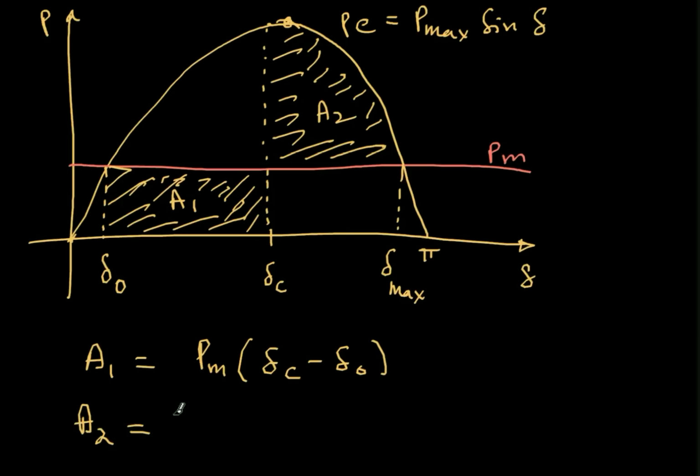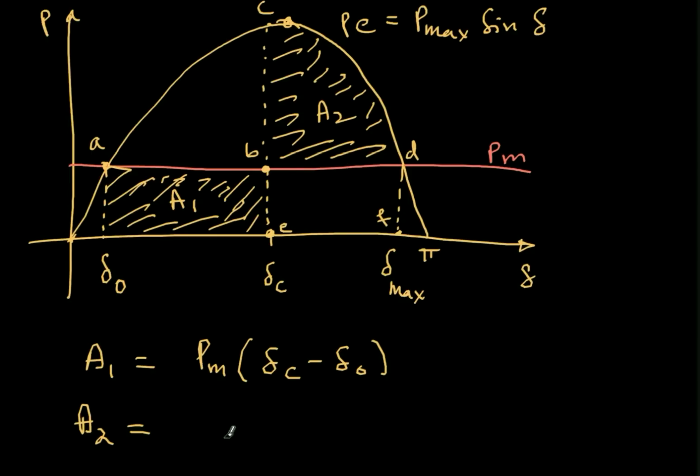Area A2 basically is, if I give some markings, let's call this A, B, C, D, and let's call this E and F. So the total area, that is E, C, D, F, will be the integration of this PE minus this PM.